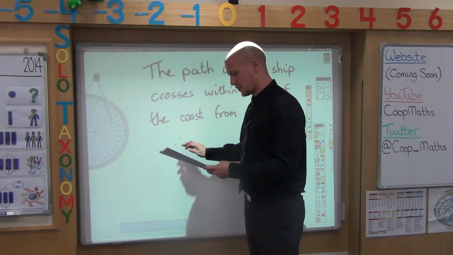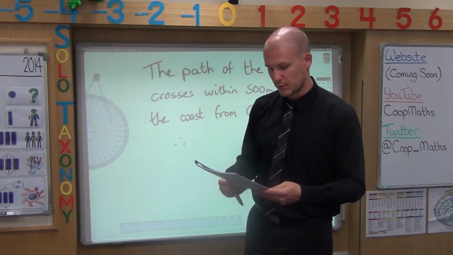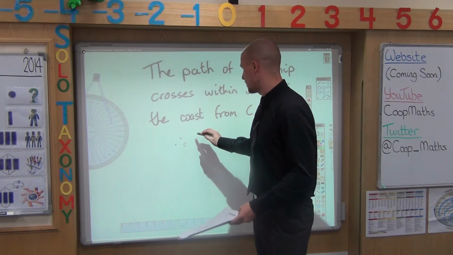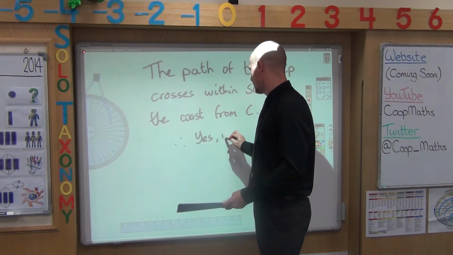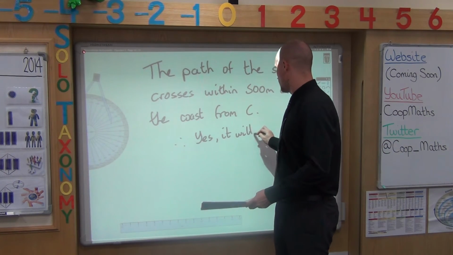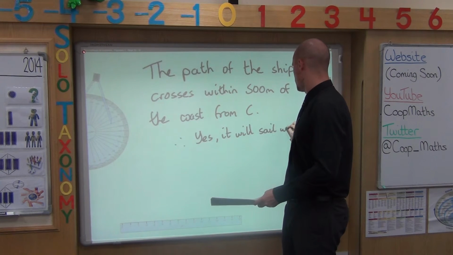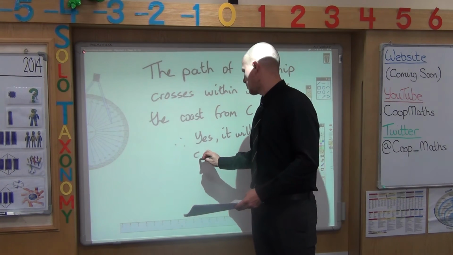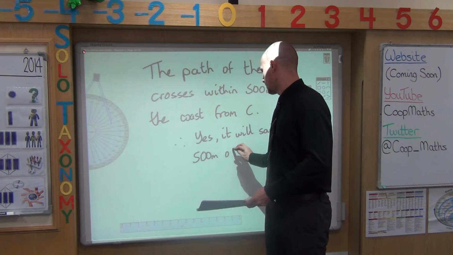Therefore, answer the question: will the ship sail closer than 500 metres to point C? The answer is yes, really. Therefore, yes. It will sail within 500 metres of C.